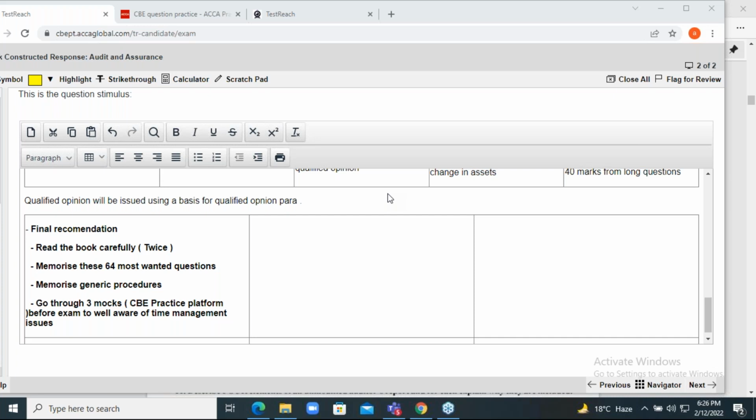We also discussed how to use the CBE practice platform and tackle the tips and tricks of the examiner at OT level. And I also gave you some final recommendations regarding these things.